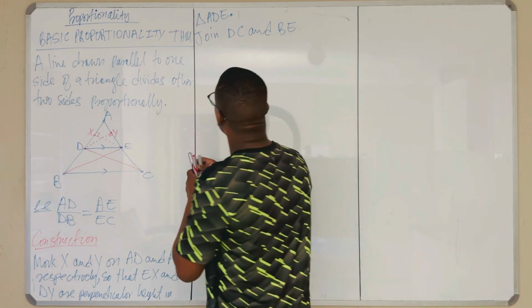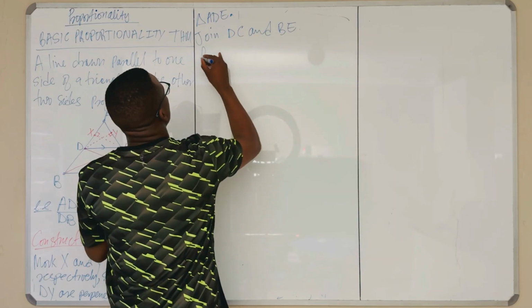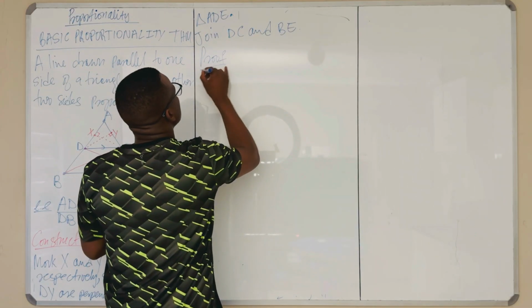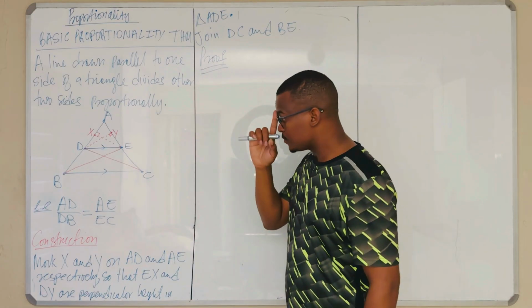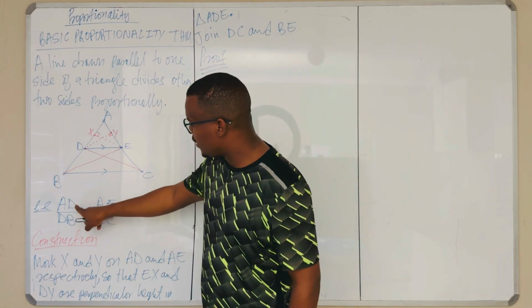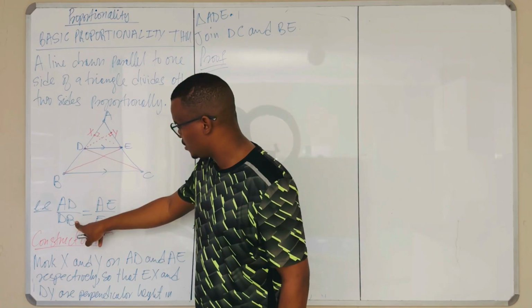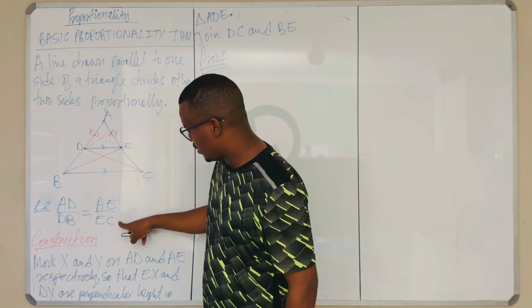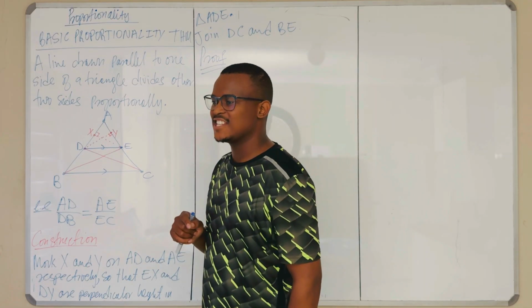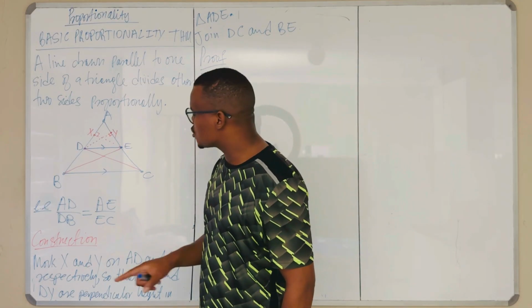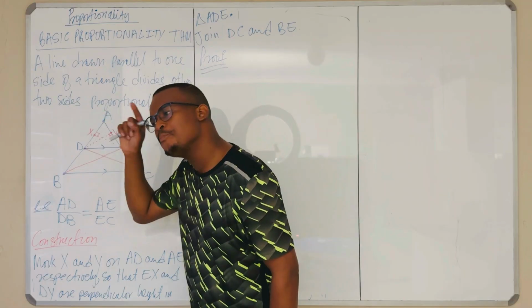Now we're going to start with the proof. We're going to calculate the areas, but with the areas, you need to be strategic. You want AD over DB, EC over AE. When you're calculating these areas, you want to make sure that the things you see here appear in those areas.